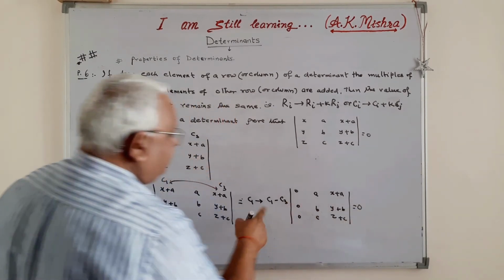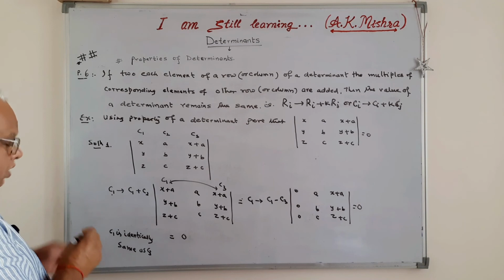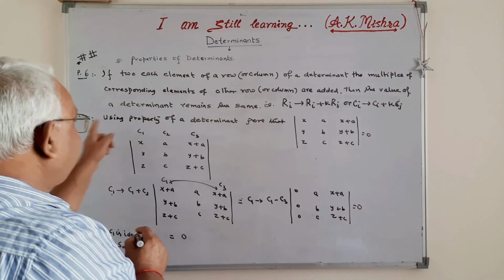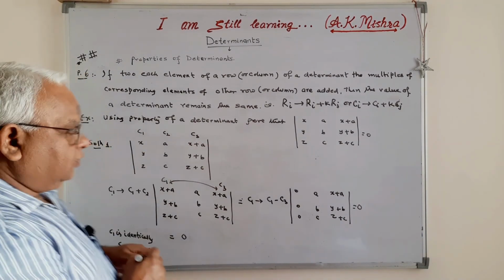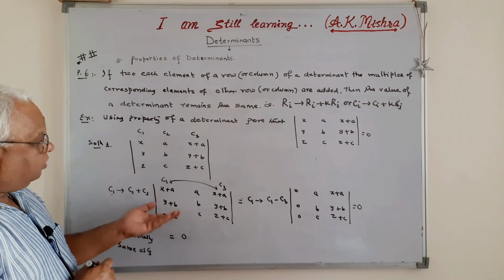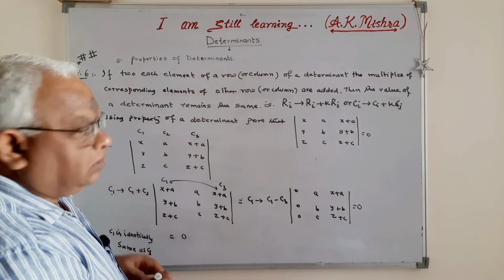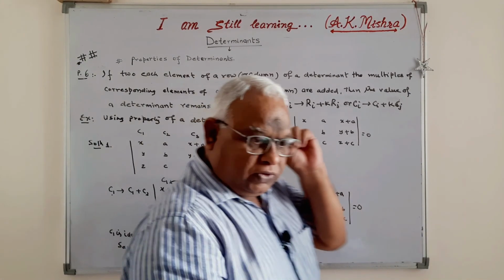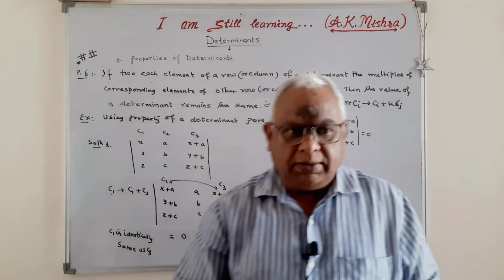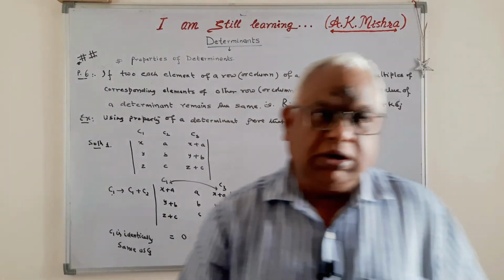The only thing is you don't have to expand it, because the question says using properties prove that. So this question is based on the properties only. So this is how you will be using the properties, right?